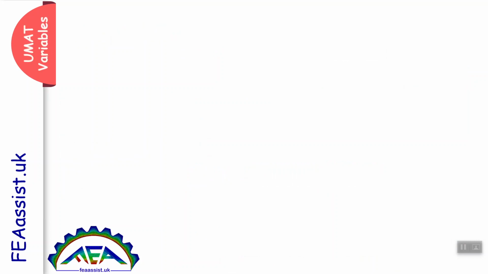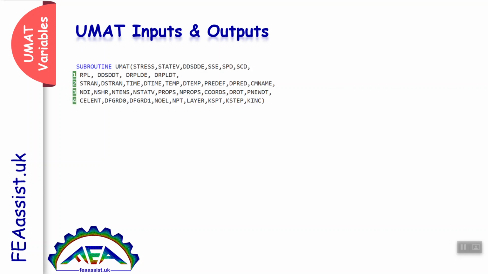The next important thing about any subroutine, especially UMAT, is UMAT inputs and outputs. UMAT is a machine: it accepts some inputs, processes the inputs, and exports the results as outputs. UMAT has some variables: stress, strain, DDSDDE, and some other variables you can see here.